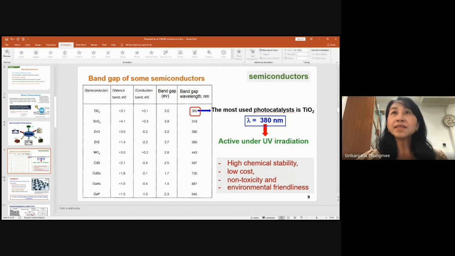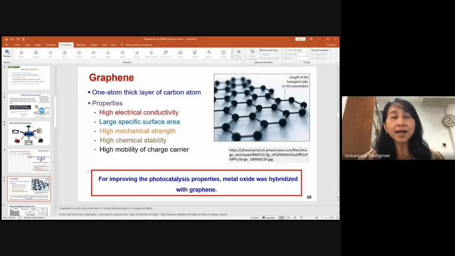Titanium dioxide also has good advantages: high chemical stability, low cost, non-toxicity, and environmental friendliness. So in this work, we use titanium dioxide nanoparticles to decorate reduced graphene oxide.